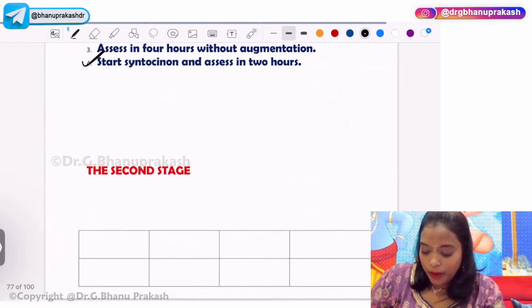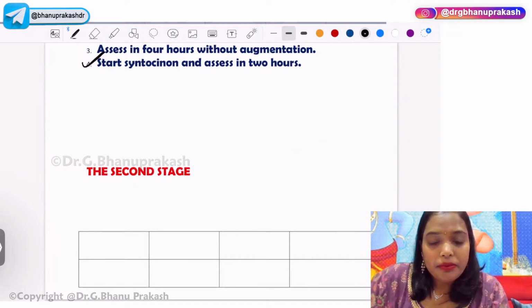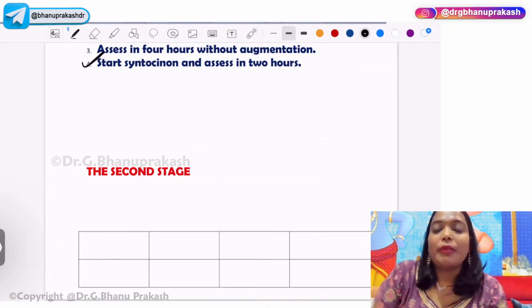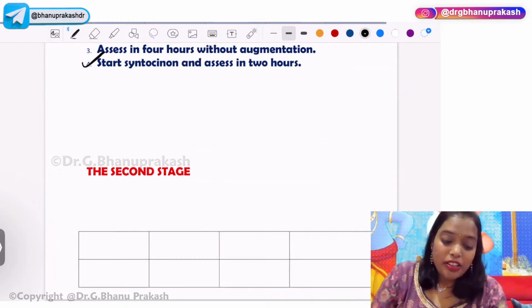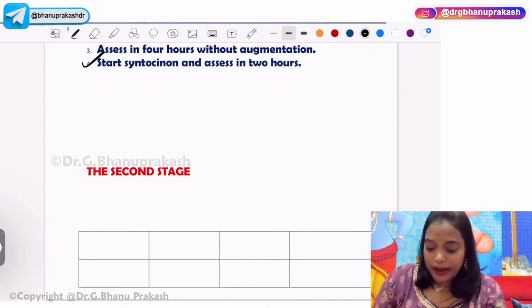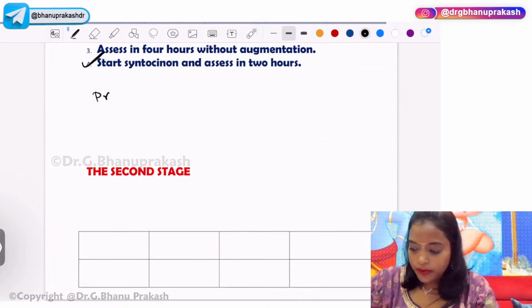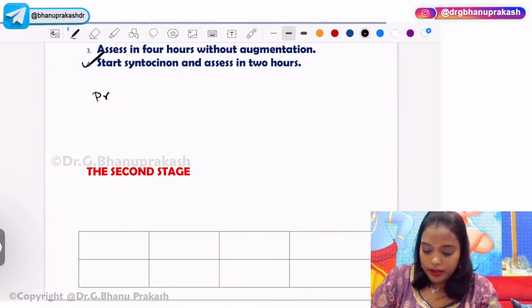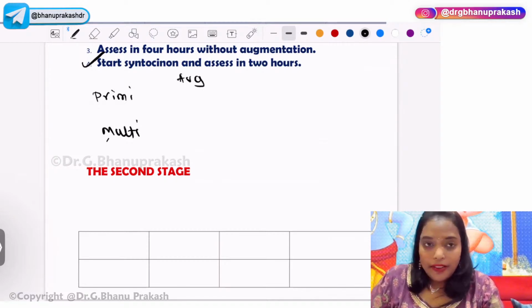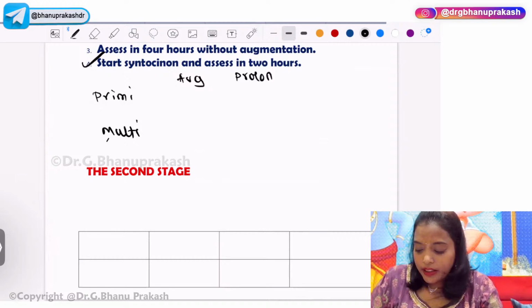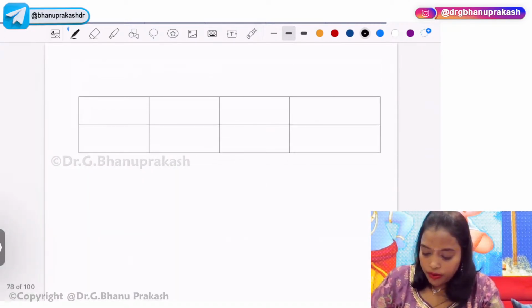Wonderful, guys. Let's go to the next one now. Second stage. Second stage is expulsion from the full dilatation, that is after 10 centimeters, expulsion is the second stage, right? We'll see the time, primary and multi.